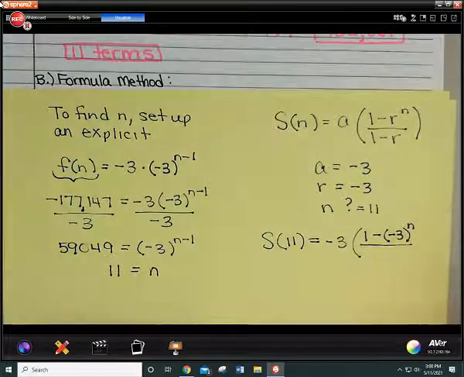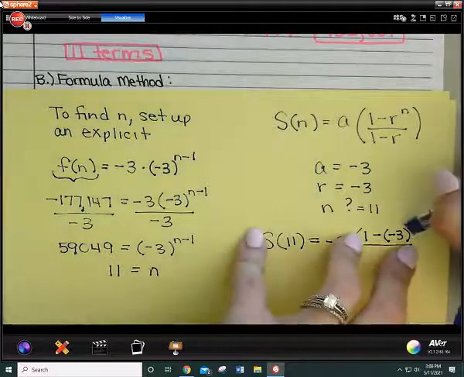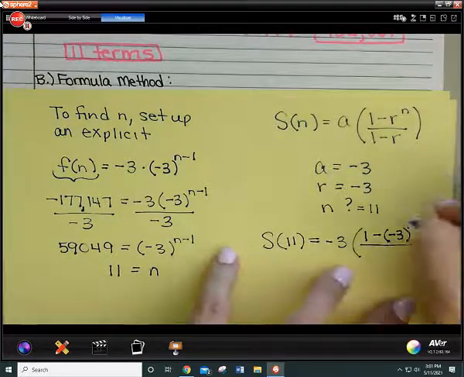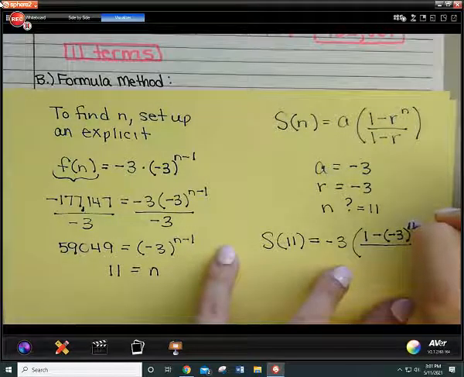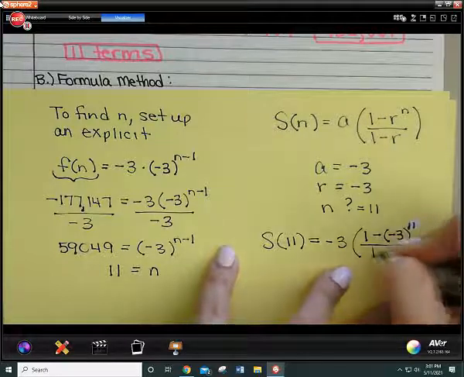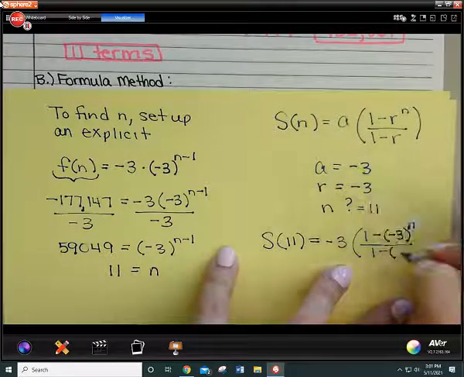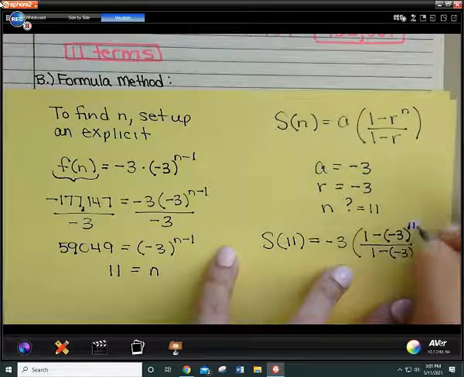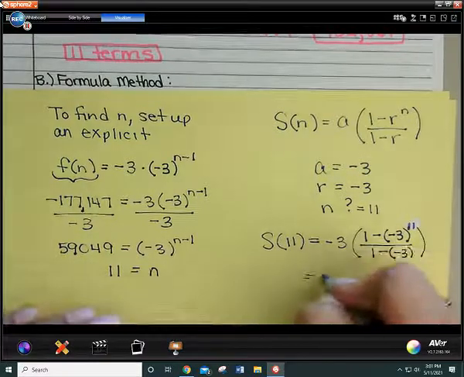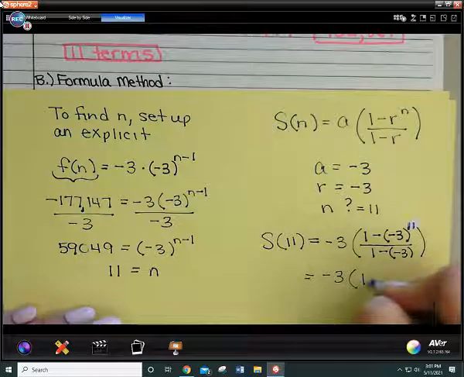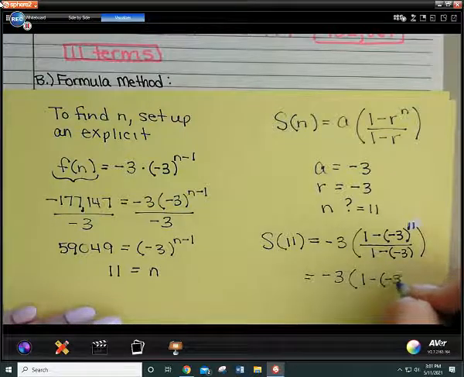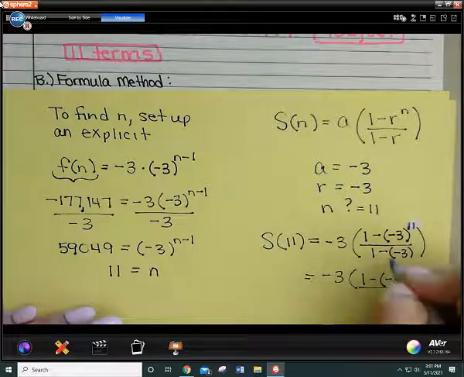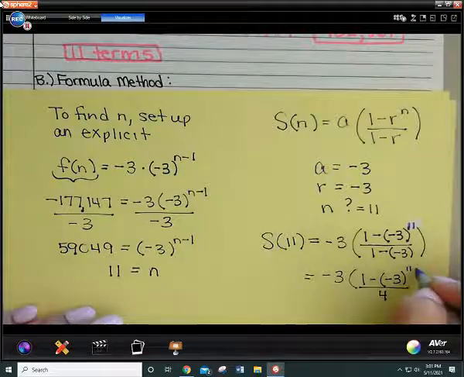The n was 11. Okay, and then we're going to say 1 minus, again, our r is -3. So -3 times 1 minus -3 to the 11, but all of that's going to be over 4.